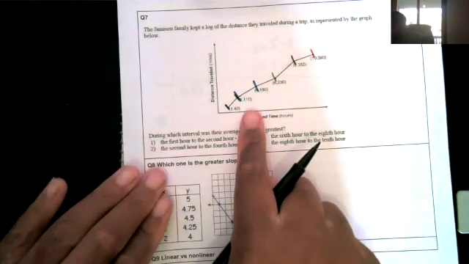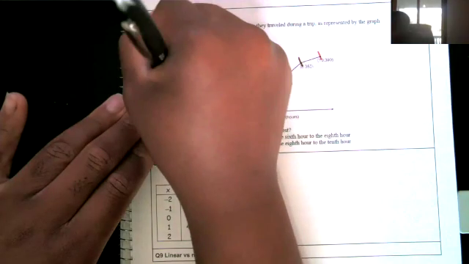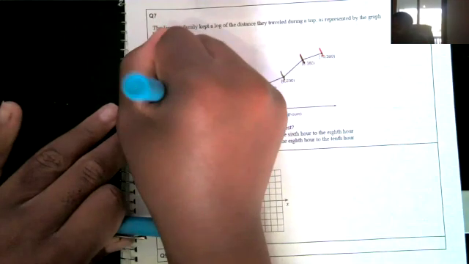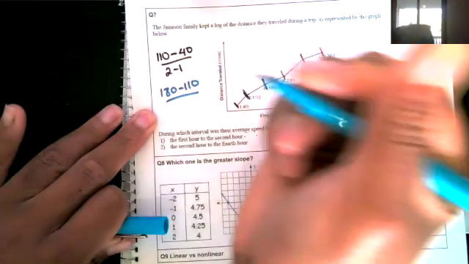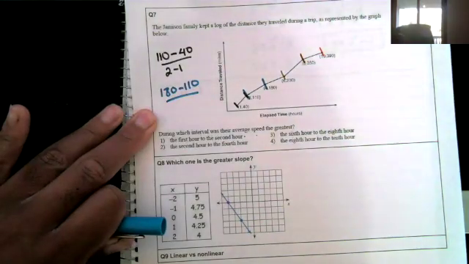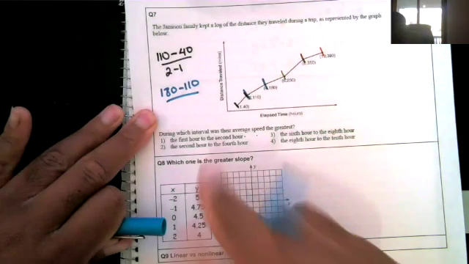So for the first one, we have 110 minus 40 over 2 minus 1. The second one, we have 180 minus 110 over 4 minus 2.